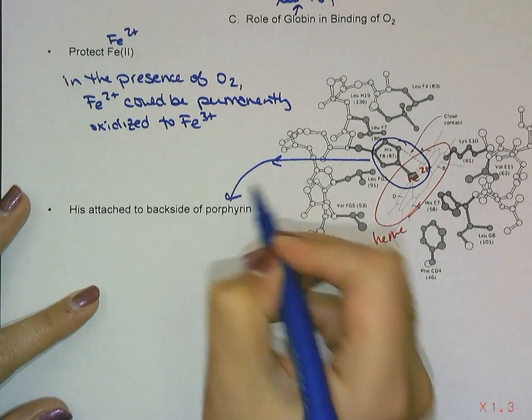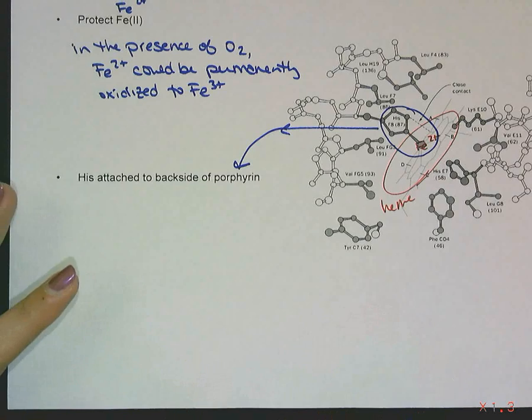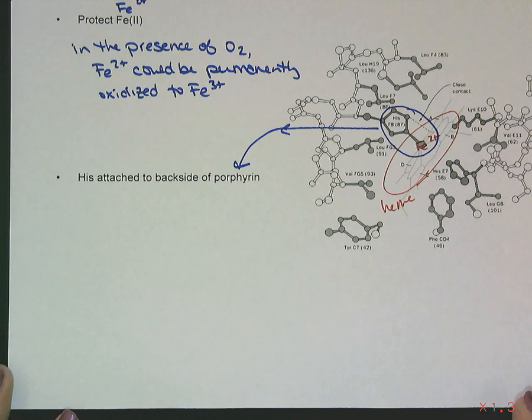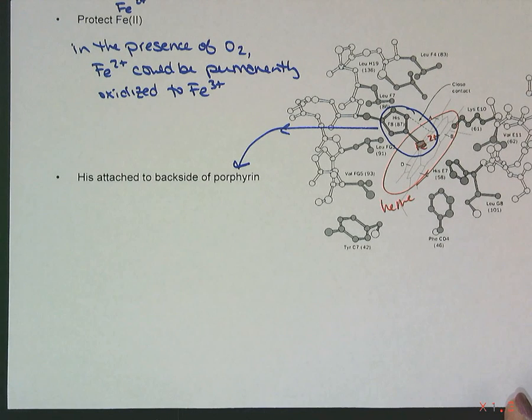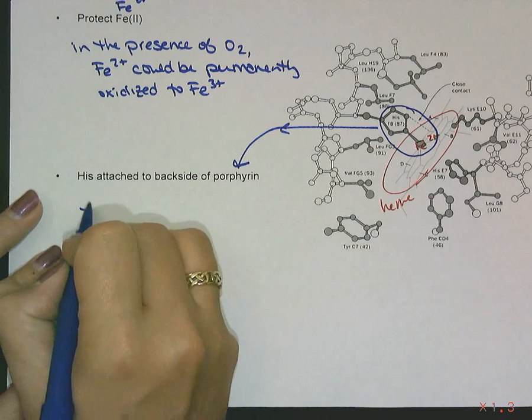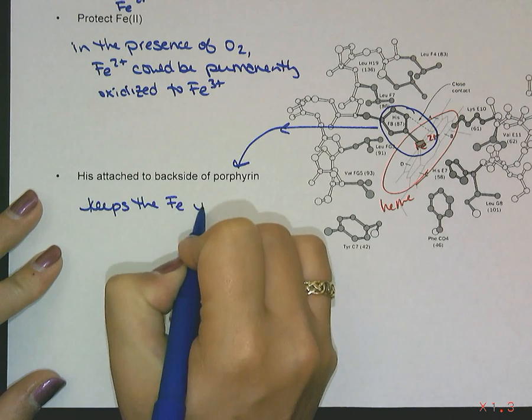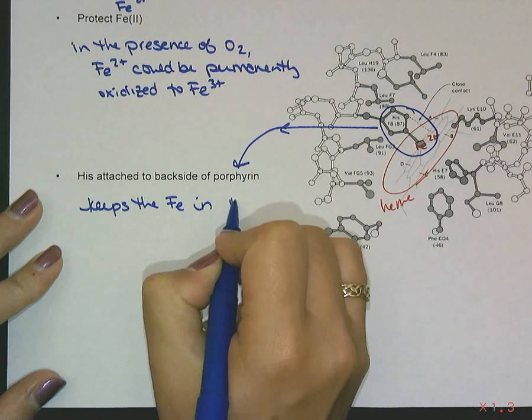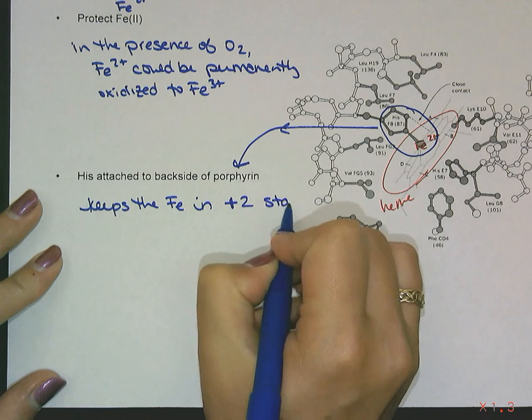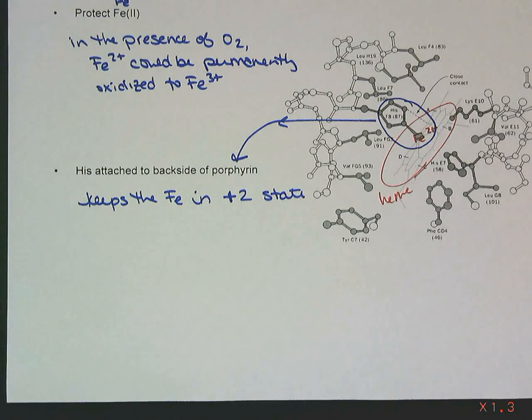I have my histidine attached to the back side of that porphyrin ring. And the histidine attached to the backside of the porphyrin keeps it in the +2 state.